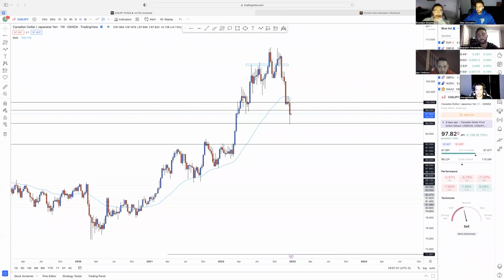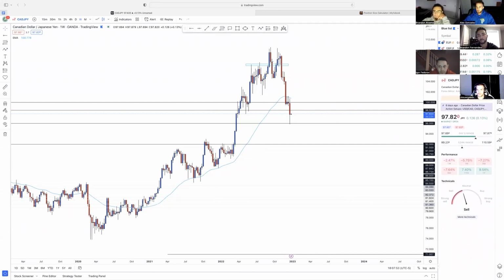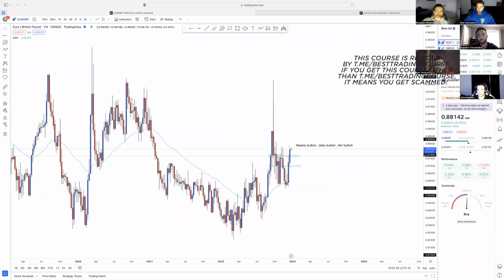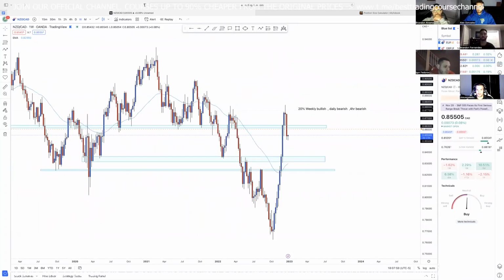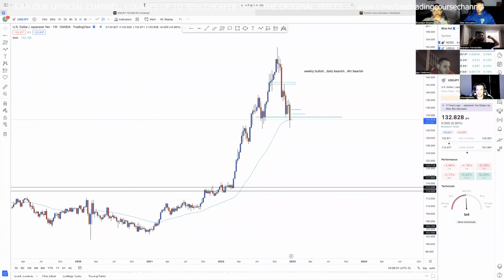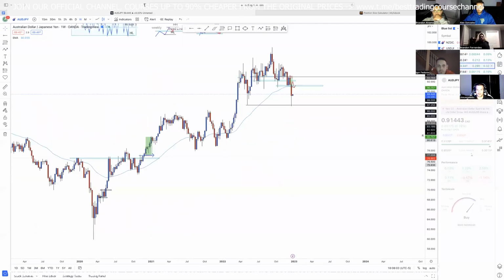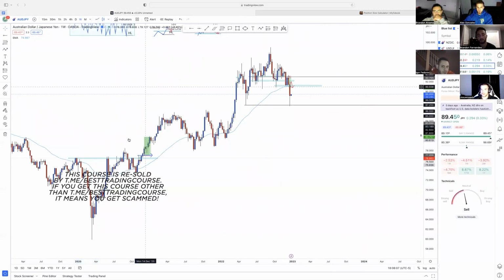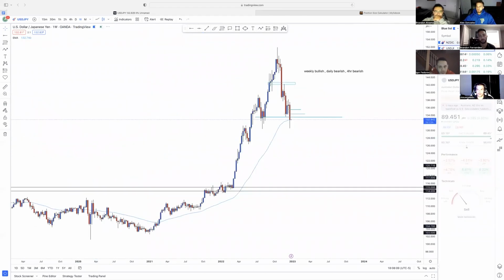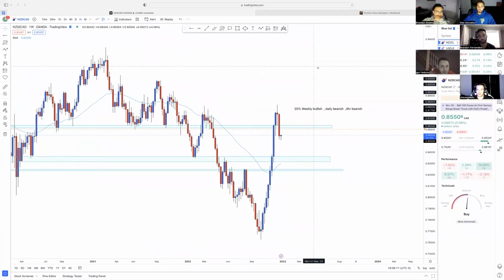So for this week, we have a pretty interesting board. If I were to organize them from top to bottom, definitely number 1, I would have NZD CAD.